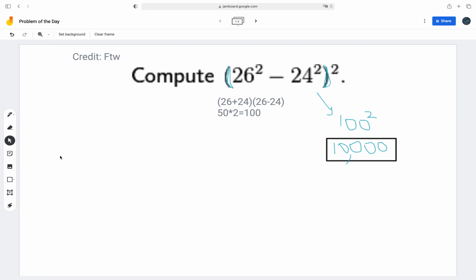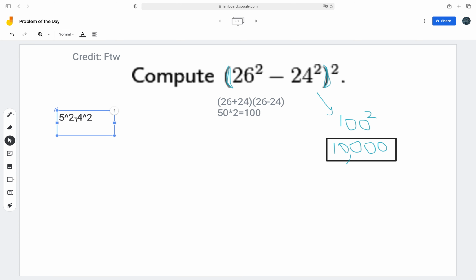Let's try something else. We know there's a 3, 4, 5 triple in a Pythagorean theorem right triangle. So let's try to use it for this. We know 5 squared minus 4 squared should equal 9, which is 3 squared.